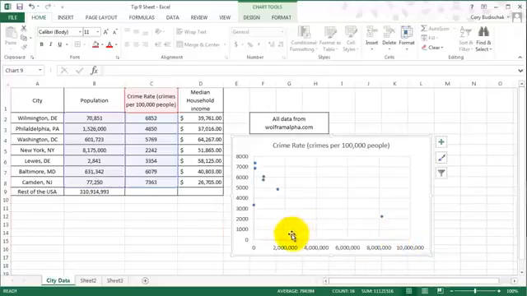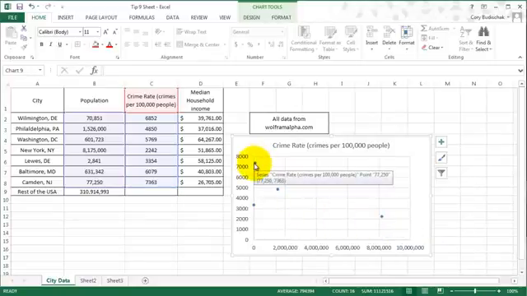What happens, and this might not be the case for all cities, but for the cities we chose, is we see as population increases, crime rate decreases. I think this is really interesting, and it might be because we chose small cities with very high crime rates, Wilmington, Delaware, and Camden.